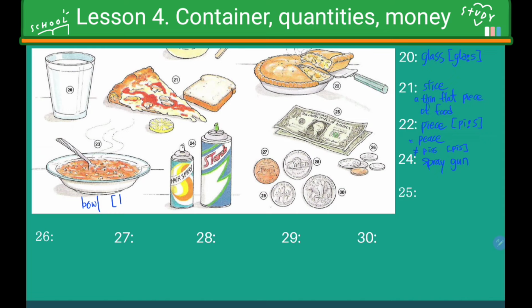Okay, so round container. And number 24, we covered that, spray gun.